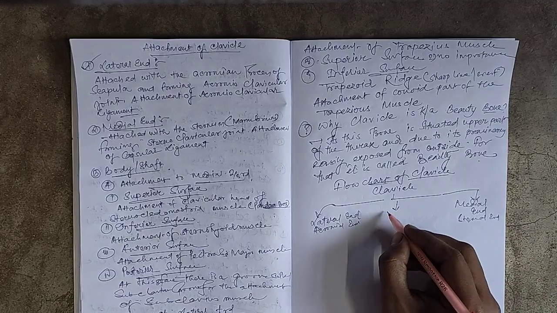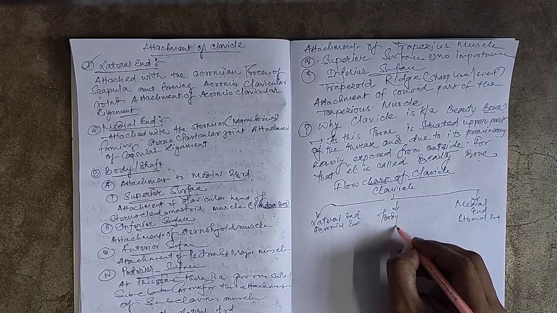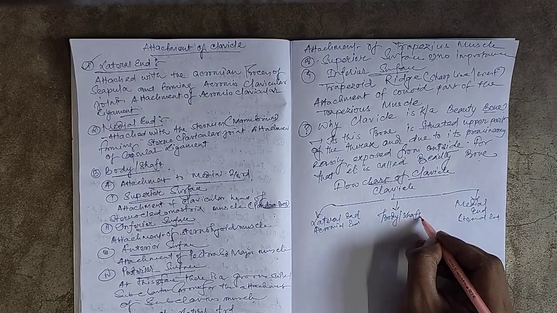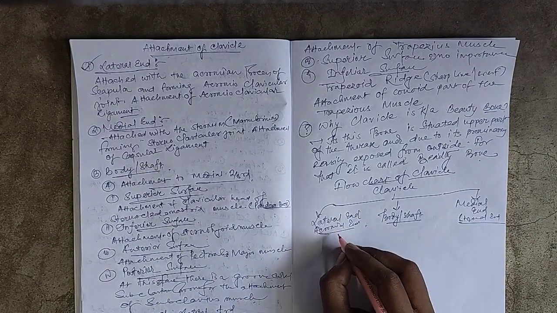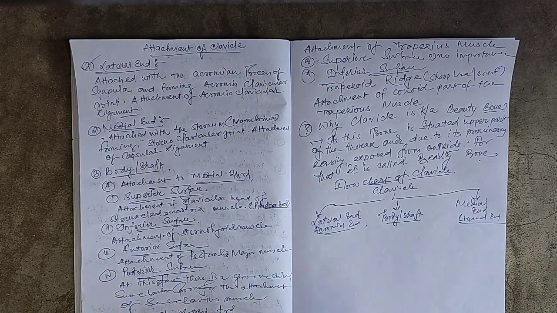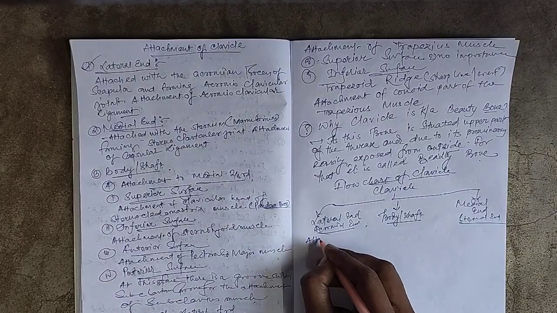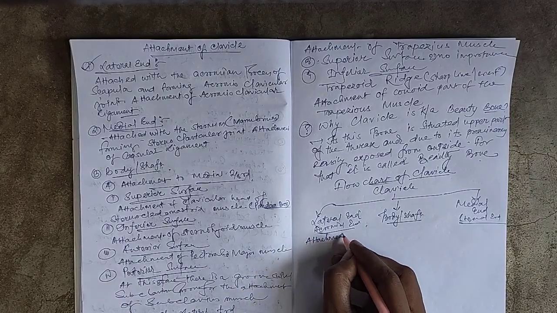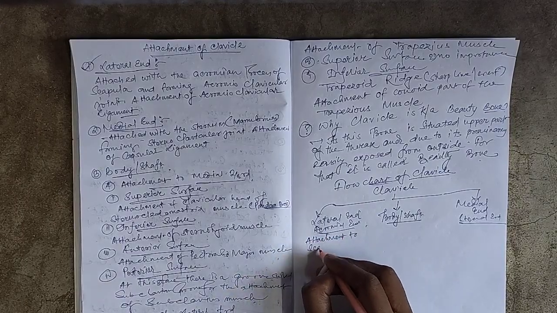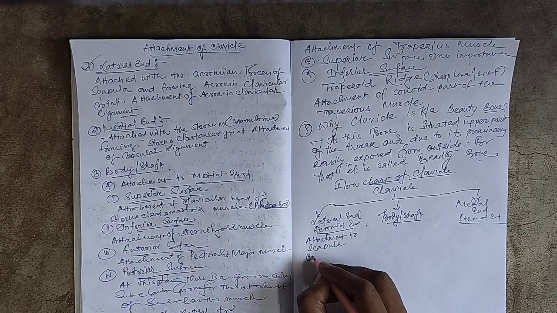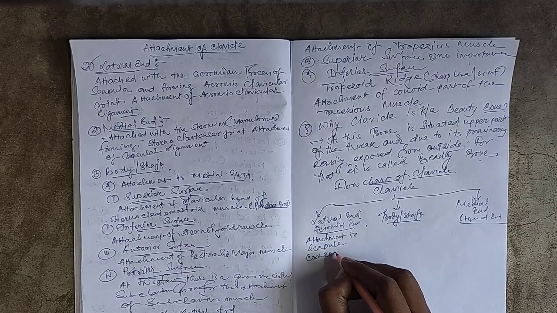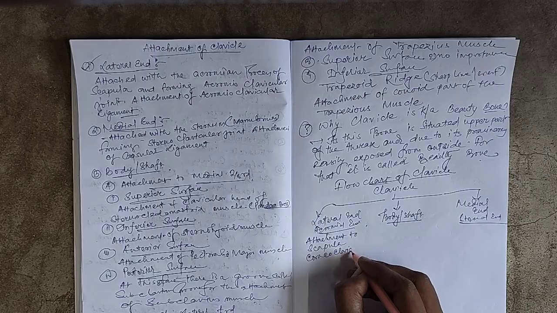And we have body or shaft. And in case of lateral end, we have the attachment to scapula, and here also the presence of coracoclavicular ligament.